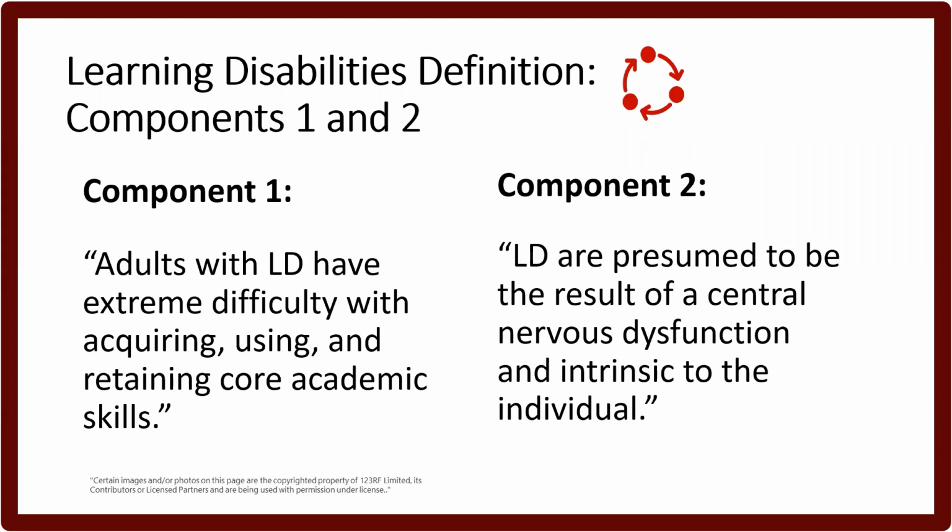Information goes in, but it may not go in the right way, and that's input. But then it can also short circuit on the way out, which is output, or what you see in academic performance. So students may have difficulty inputting information and providing the output to you. So it just depends, but it's intrinsic to the individual.